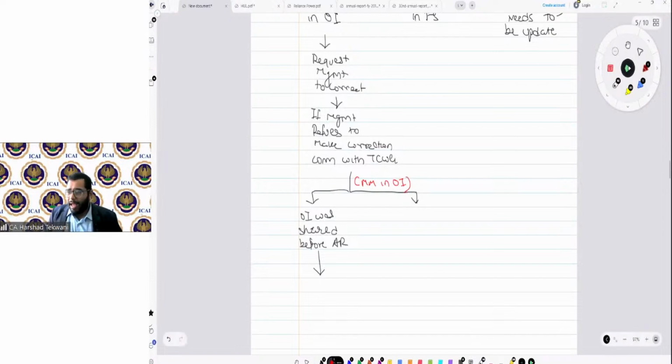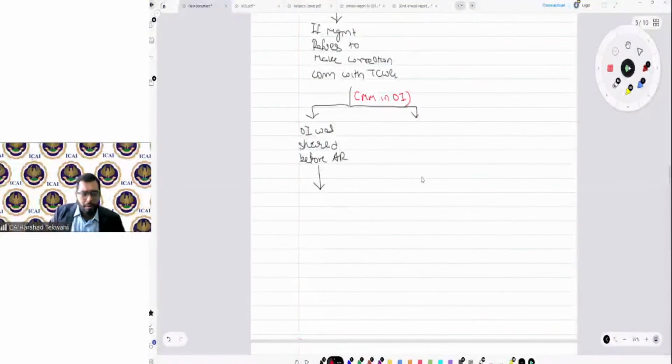I identified before issuing the audit report that there's a material misstatement in other information, and that is not corrected after communicating to those charged with governance, then I need to consider the implication on my auditor's report.